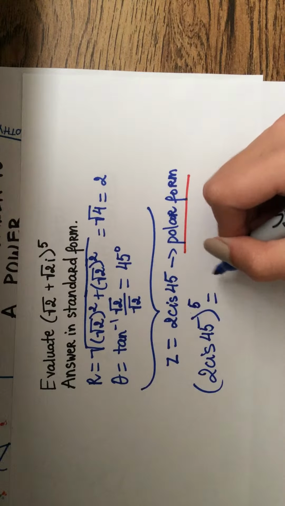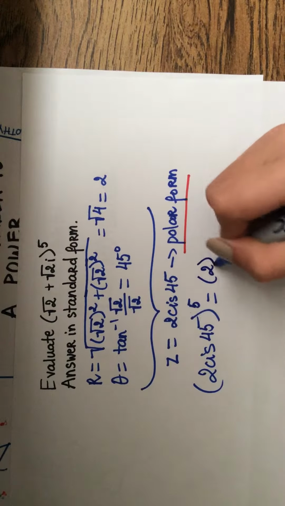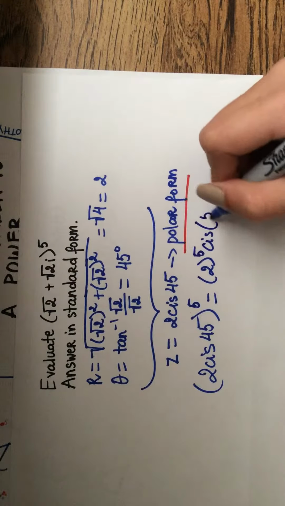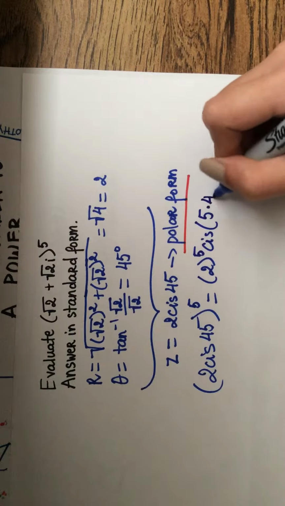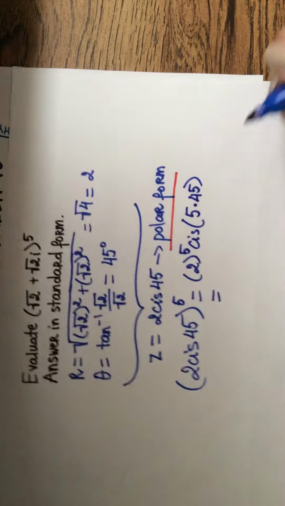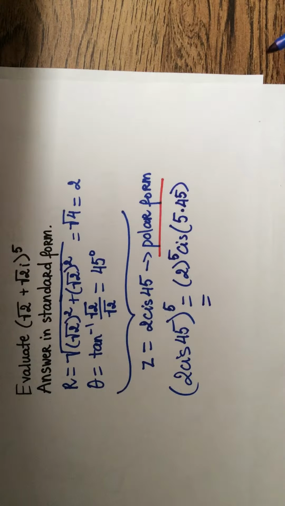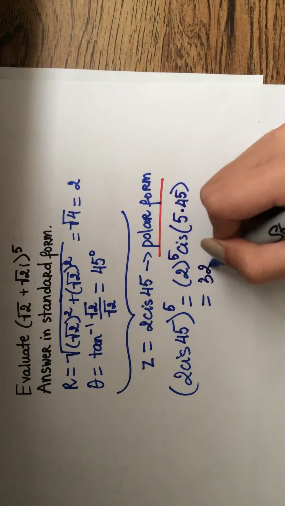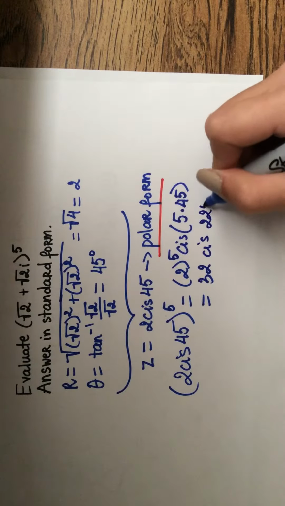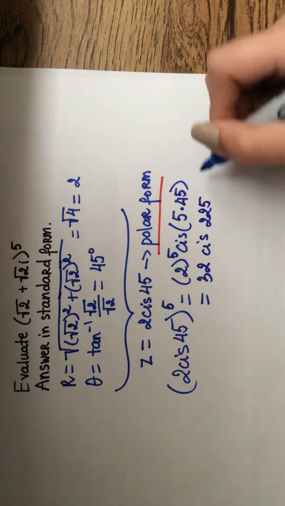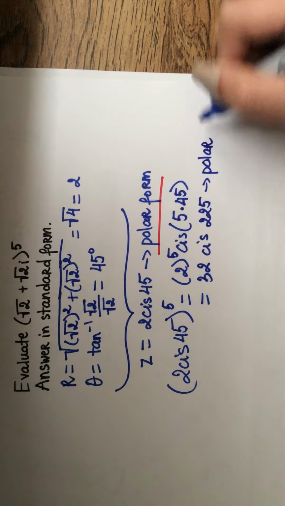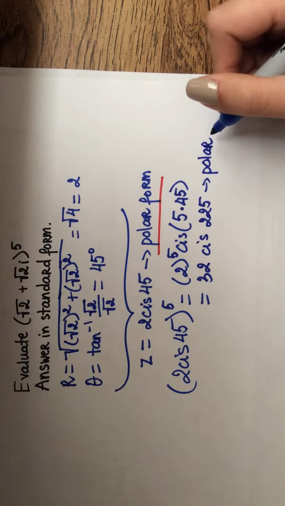So you have 2 to the fifth, cos 5 multiplied by 45, which is your theta. If you plug this in your calculator, it will give you, I believe, 32 cos 225. This is in polar form, or you can also call it trig form.